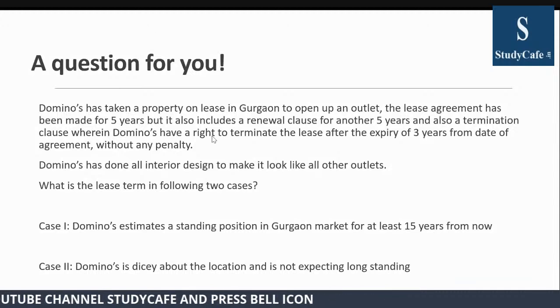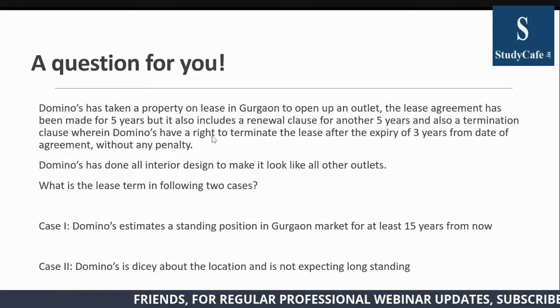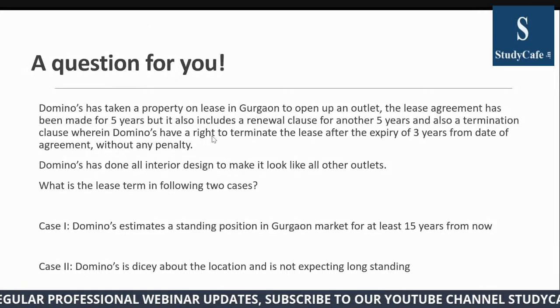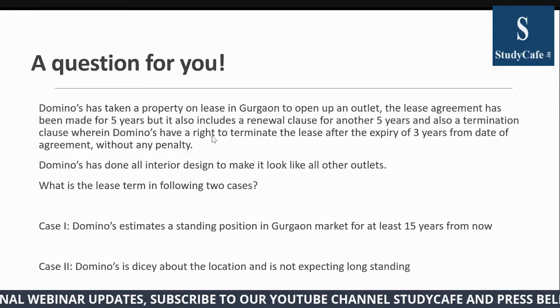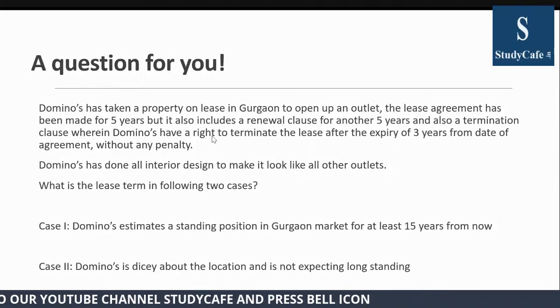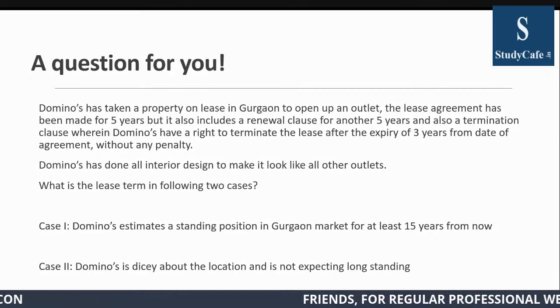It includes a renewable clause for another 5 years, and it includes a termination clause that Domino's can terminate the lease after the expiry of 3 years from the date of agreement without any penalty. Now, the case is that Domino's sees itself in the Gurgaon market for at least 15 years from now. Now, what will be the lease term?